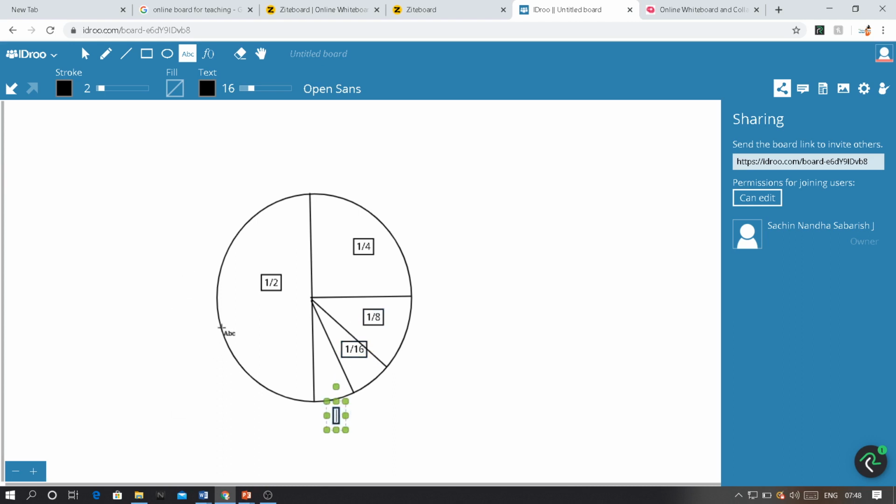Can you see here, 1 by 2 plus 1 by 4 plus 1 by 8 plus 1 by 16 plus 1 by 32 and so on, whatever you do, will be equal to a single circle.